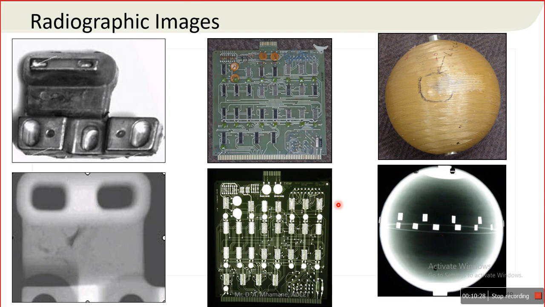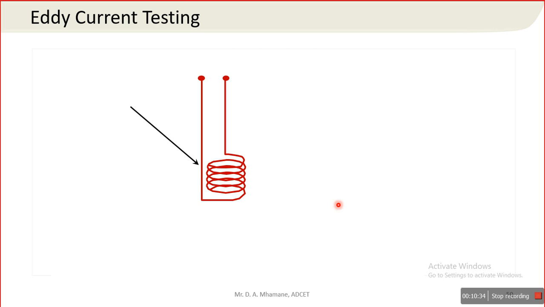So let us move towards another slide, or another method. The other technique is eddy current testing. Eddy current testing is one of the electromagnetic testing methods used in NDT, and it is used to detect surface and subsurface flaws in electrically conductive material.